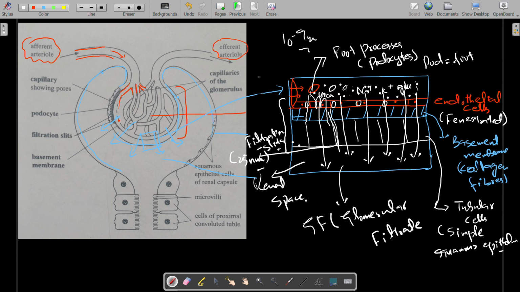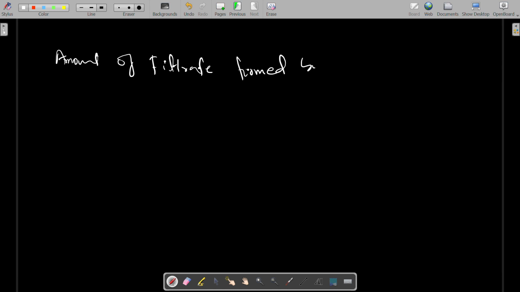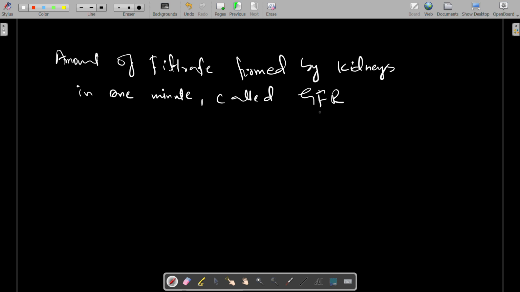Now the amount of filtrate formed by your kidneys in 1 minute, we call it GFR, glomerular filtration rate.